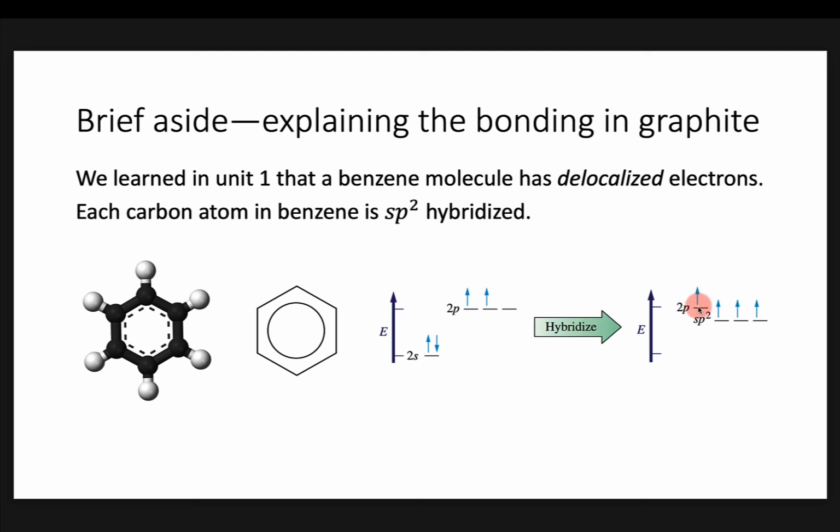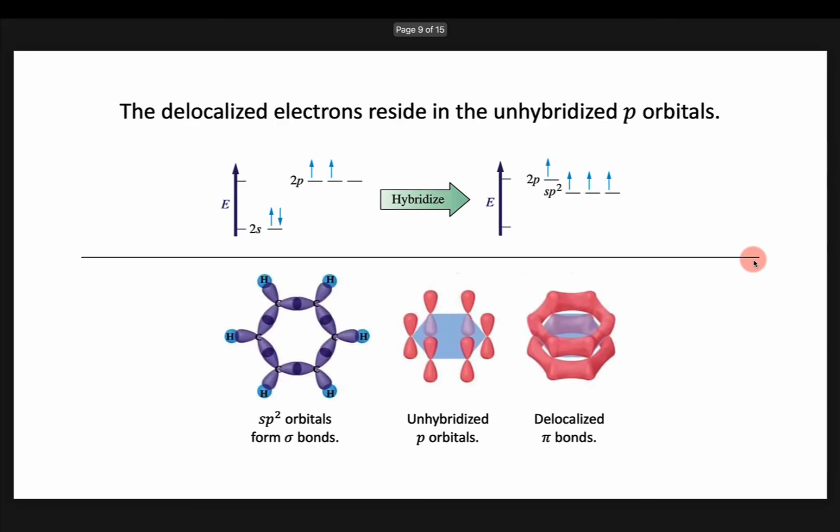And then one of the p orbitals is left unhybridized. And so the delocalized electrons in benzene reside in these unhybridized p orbitals. And so this image is depicting that idea.